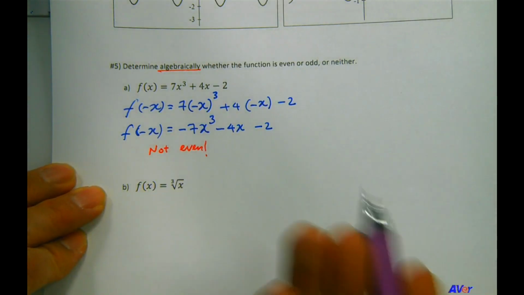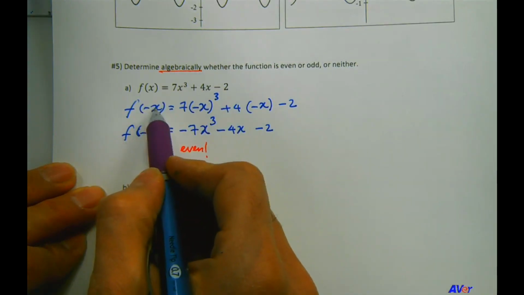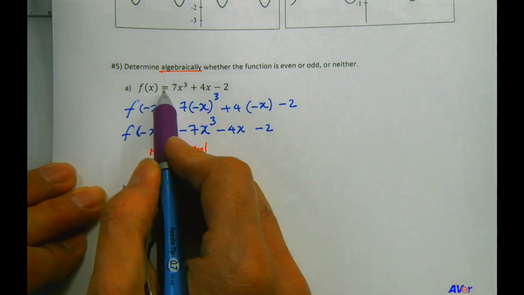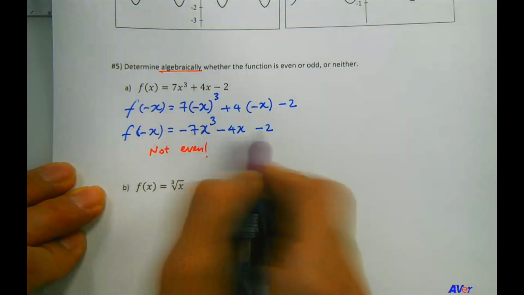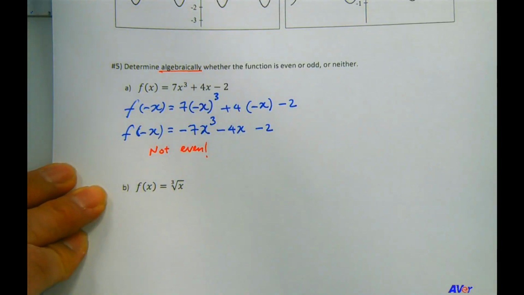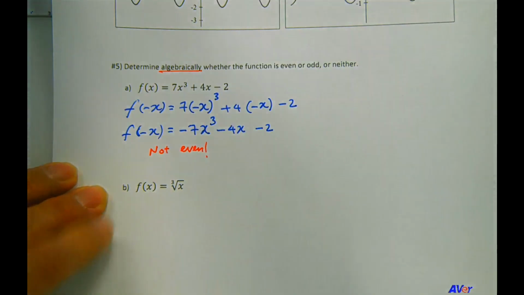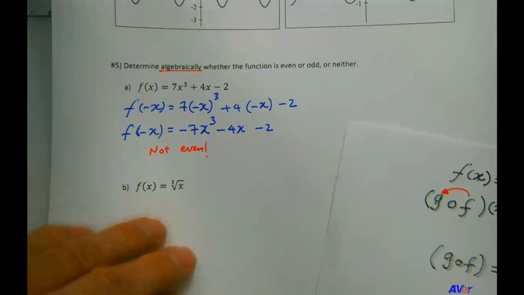If it is odd, then f at negative x should be equal to -1 times all of that. Compare this with -1 times all of that. Let me bring my scratch paper here. So here's the function. I'm going to write it first.